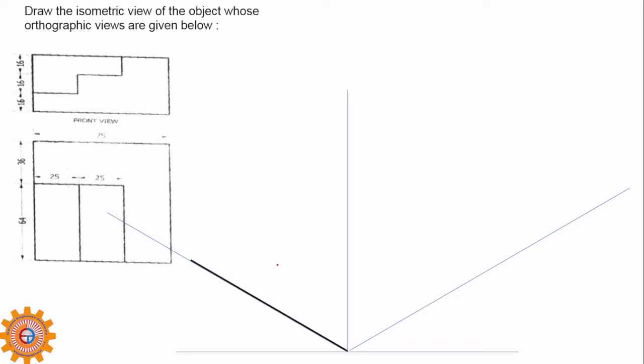So what is the length of this one? This is 75. My concentration is on this front view. Okay, so now I have drawn this line. Okay, so if you call this as AB, I call this as AB.